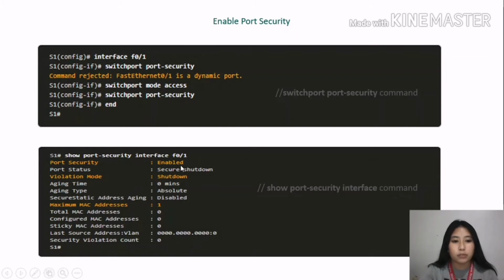The violation mode is shutdown, and the maximum number of MAC addresses is 1. If a device is connected to the port, the switch will automatically add the device's MAC address as a secure MAC. In this example, no device is connected to the port.